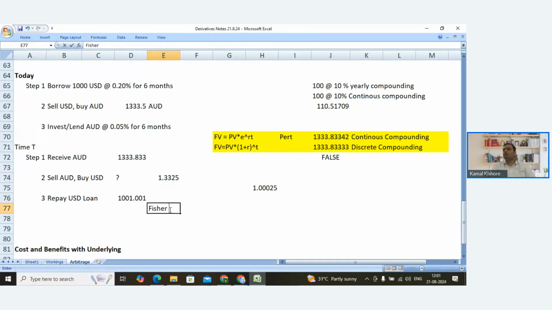If I'm not wrong, you will study this in your economics also. Using interest rates, you are arriving at exchange rates. Using exchange rates, you are arriving at the forward rate. International Fisher effect, you will see this in your economics also. There is a formula for that: 1 plus I divided by 1 plus R. How to arrive at the forward contract, forward exchange rate, forward currency rates.